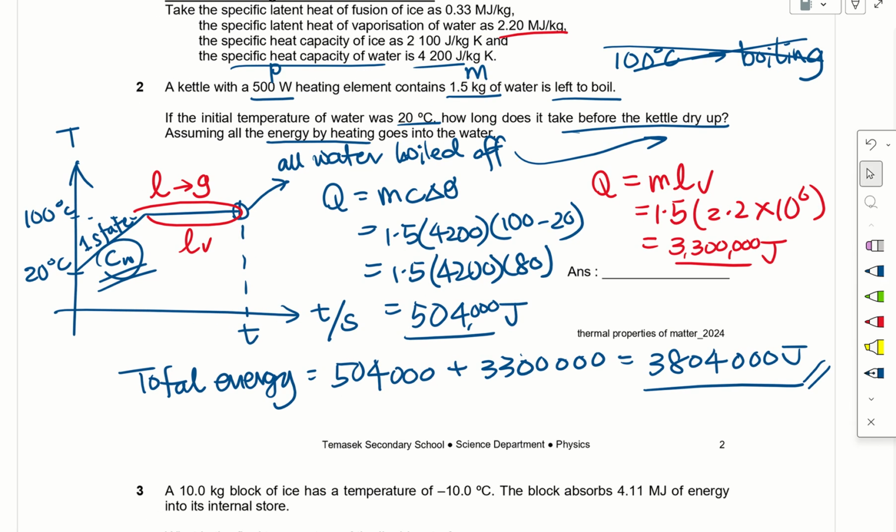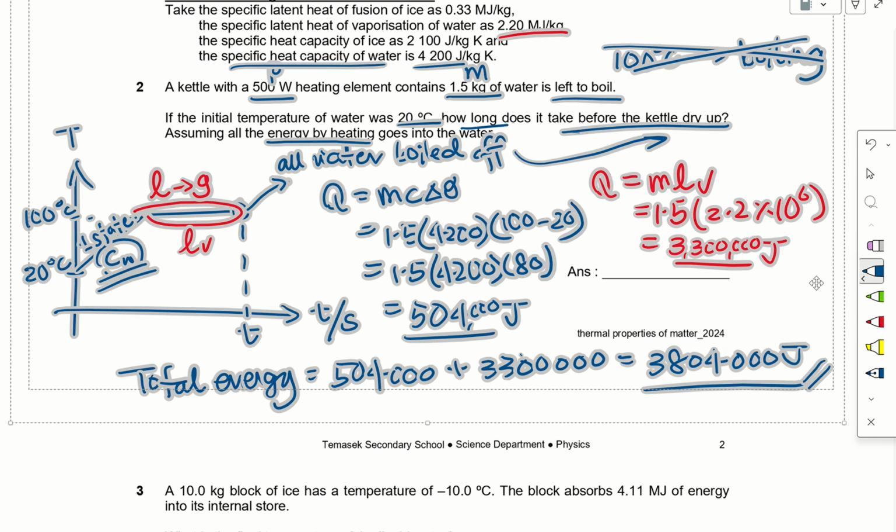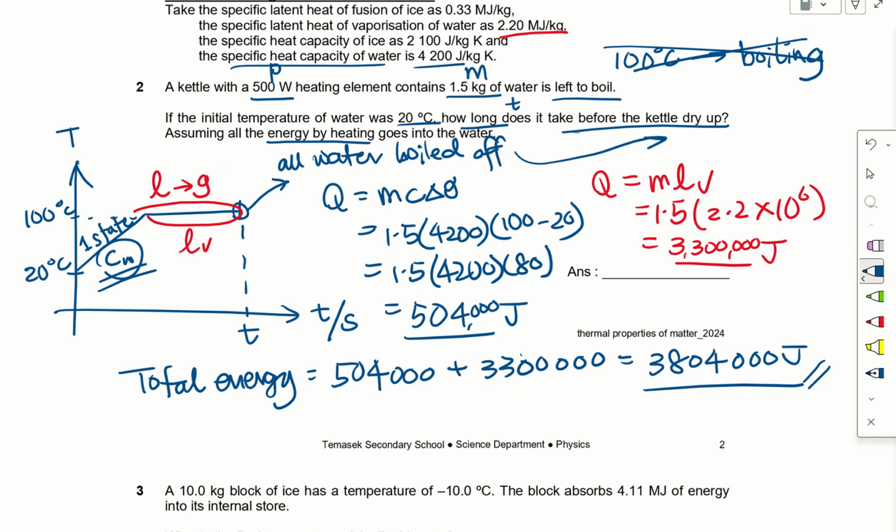Now they are asking for the time taken. How long does it take? So we are looking for time, and we haven't used the physics quantity of power. As you know, energy equals power times time. In order to find the time, I will need to make t the subject of the formula.